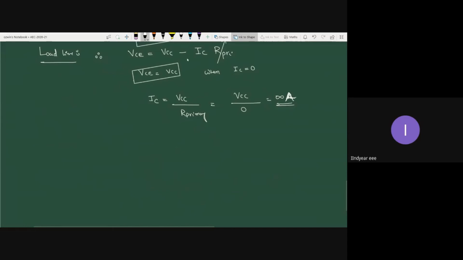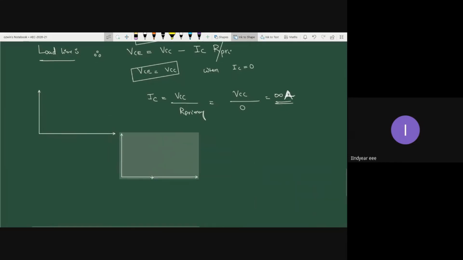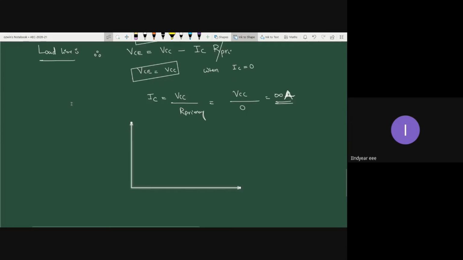So when we draw the transistor output, when we draw the transistor load line, this is what we'll get. Let me slightly increase the scale. First, let me draw the output characteristics.